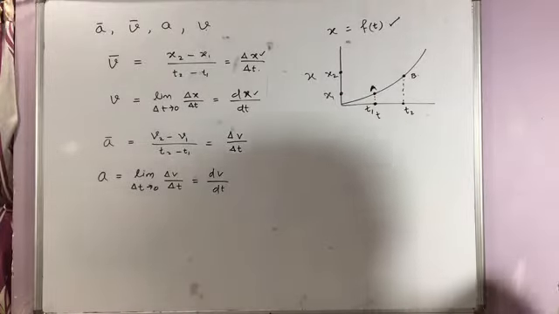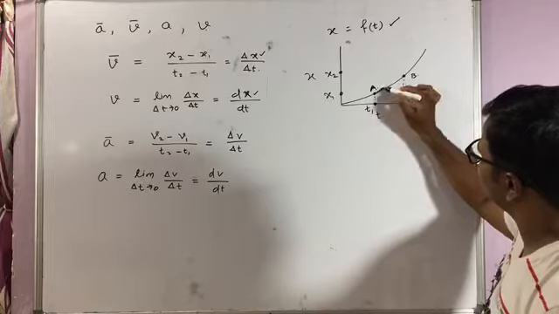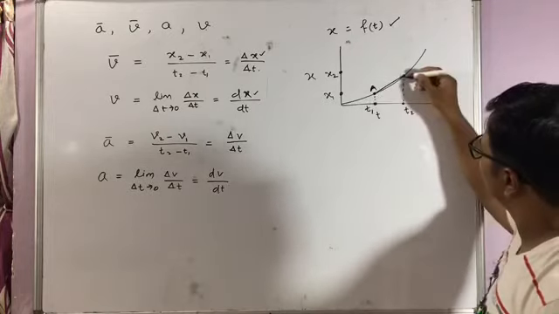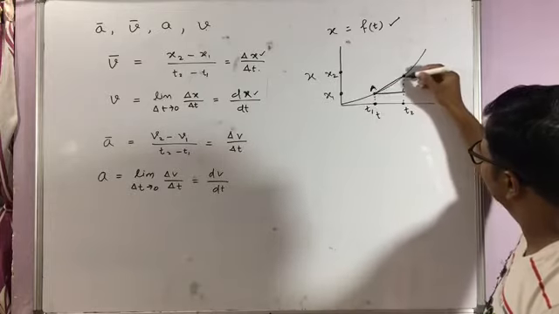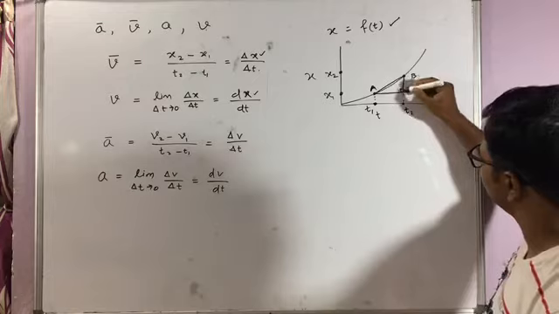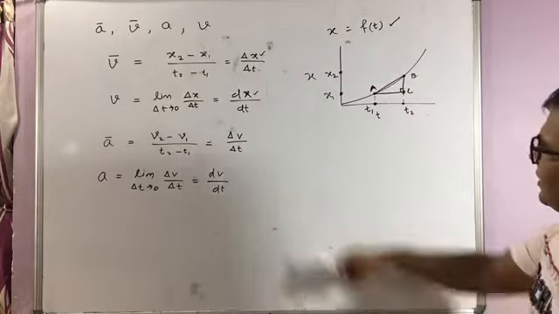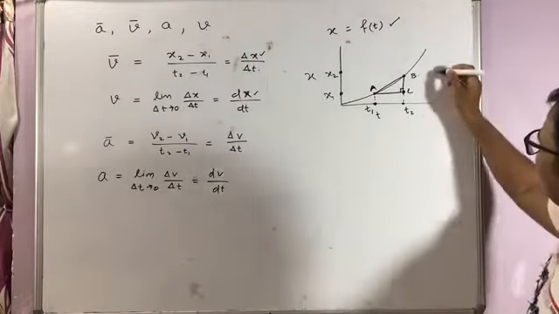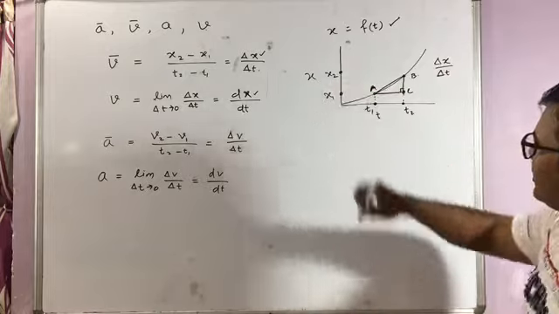Now from the graph, the average value is represented as follows: you join the line AB, and you draw a perpendicular from B at t2, so that they meet here. This angle is 90 degrees. Let us mark this point as C. That quantity del x by del t, this del x by del t, is your average velocity.